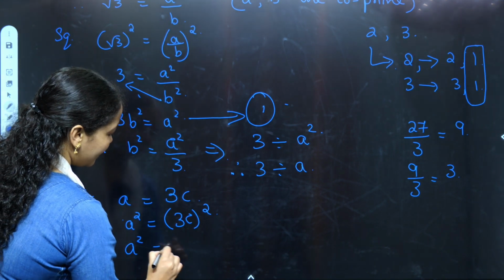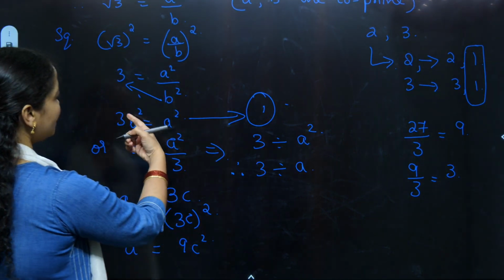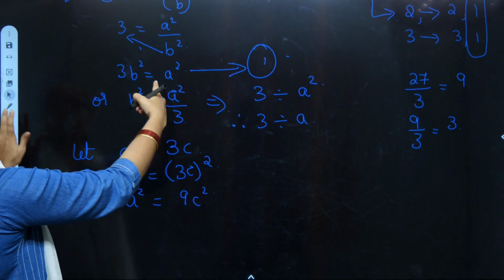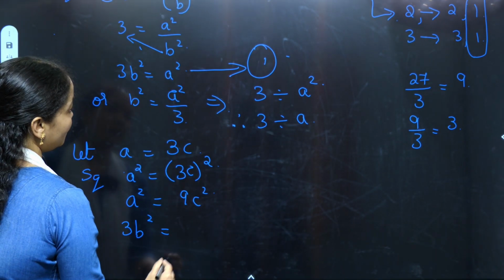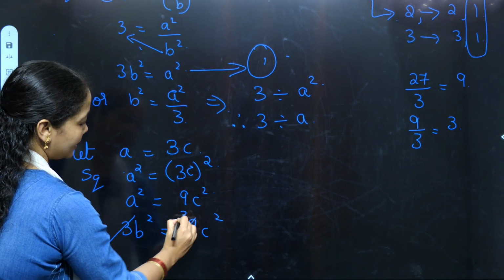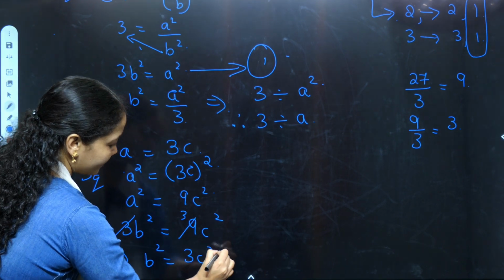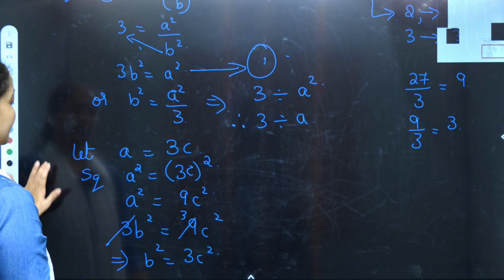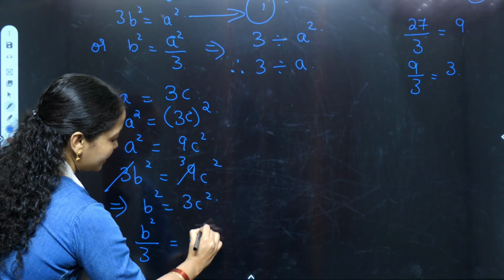Therefore, a square is equal to 9c square. But what was a square actually equal to? From equation 1, it is 3b square. 3b square is equal to 9c square. 3 ones are 3, 3 threes are 9, implies b square equal to 3c square, or I can write b square divided by 3 equal to c square.